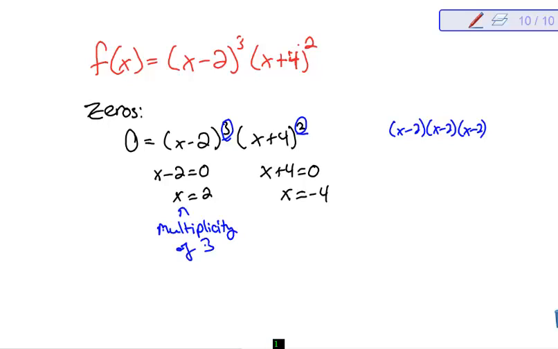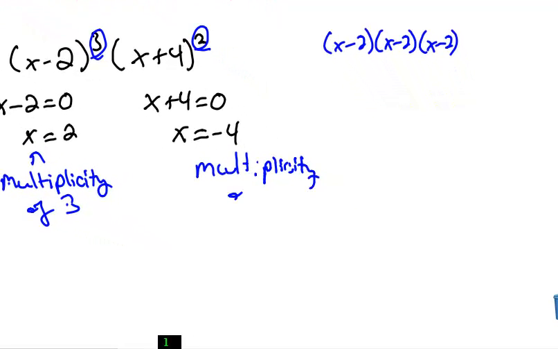It occurs 3 different times in our graph. The negative 4 has a multiplicity of 2. So it occurs twice.